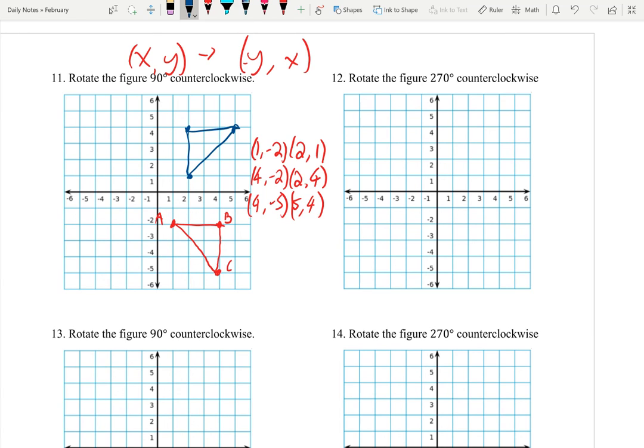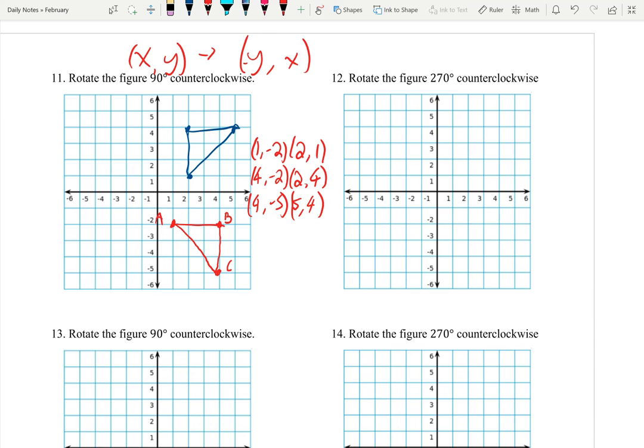So there's our rotation that's taking this shape here, turning it 90 degrees around the origin to end up where we ended up. And remember how we talked about this in class with rotations? I can't physically show you, but if you take a piece of paper, put it over and trace it, and then rotate the paper, you should see it all line up.